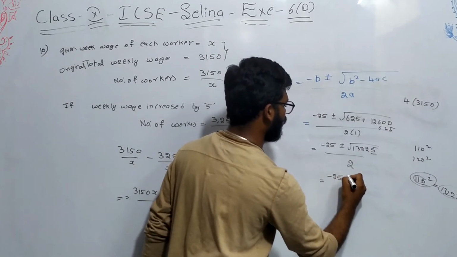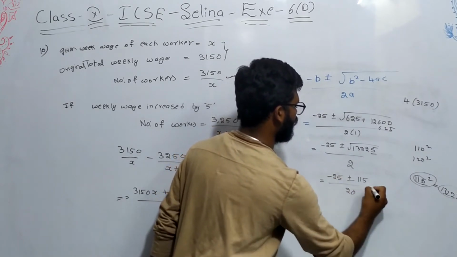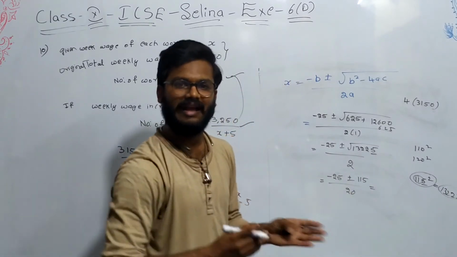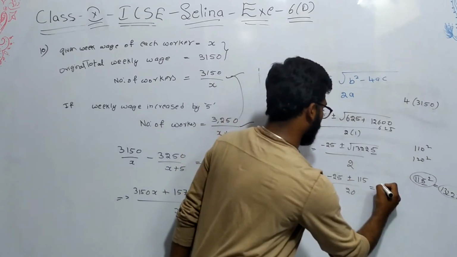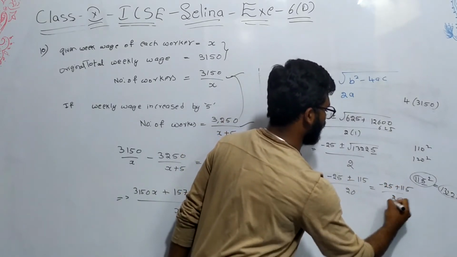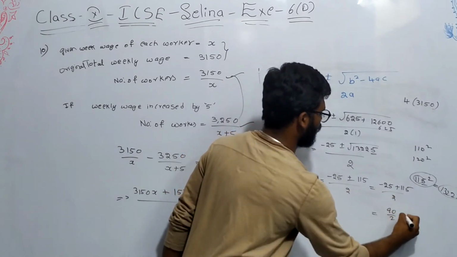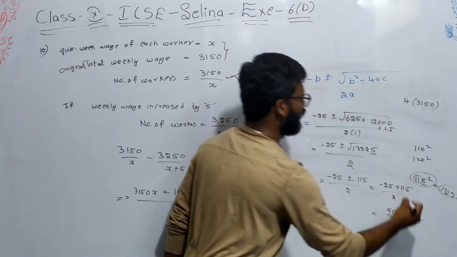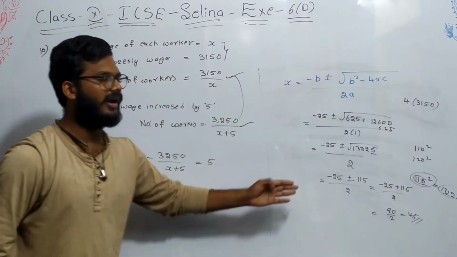So minus 25 plus or minus 115 by 2. We don't want the minus, as x is the weekly wage. So minus 25 plus 115 by 2, 90 by 2, nothing but 45.